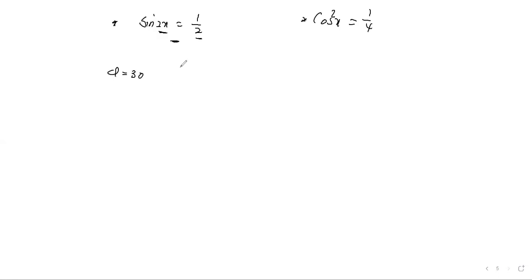In the second quadrant, the angle is 150. But the x that we have has been multiplied by 2, meaning I go back to the first quadrant and add 360, I get 390. I go to the second quadrant, 150, and add 360. What do we get here? That is 510.